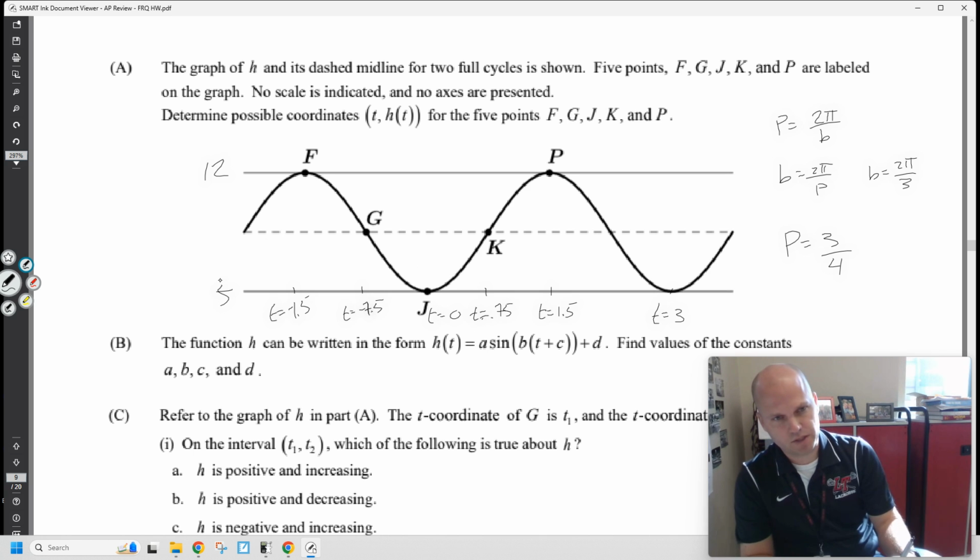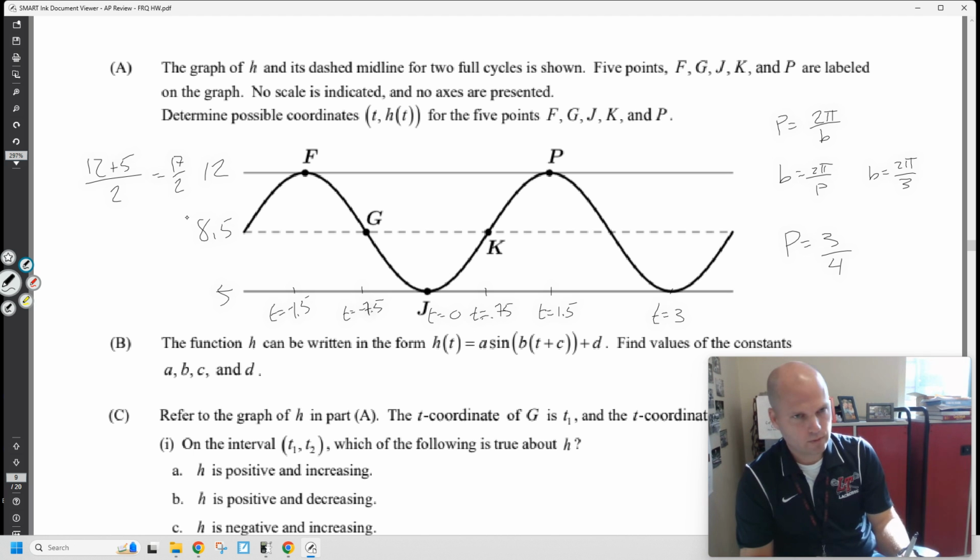So part A, if this is a distance of whatever it is, you can divide it by 2. We don't have our calculator to do this. You find the average between them to find the midline, or you can find the amplitude and then subtract. So 12 plus 5 is 17. 17 halves is 8.5.